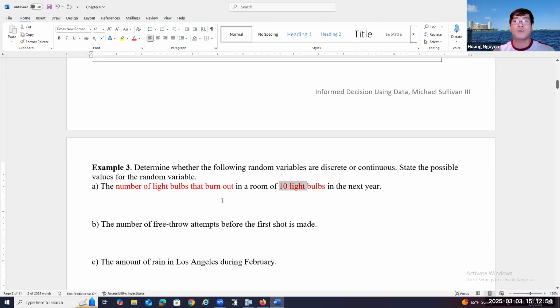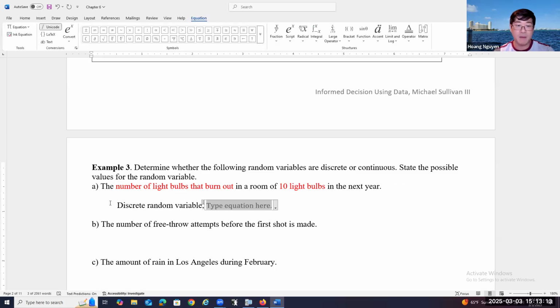We can really count it. This number is countable, or finite. So I'm going to say this is a discrete random variable. And what are the possible values of the number of light bulbs that are going to get burned out in a room of 10?